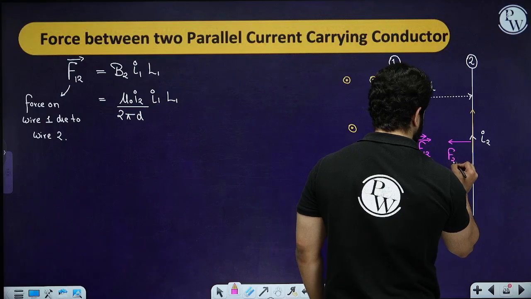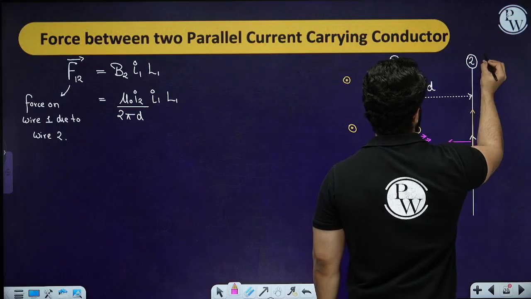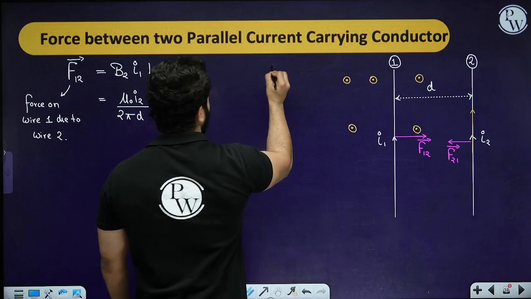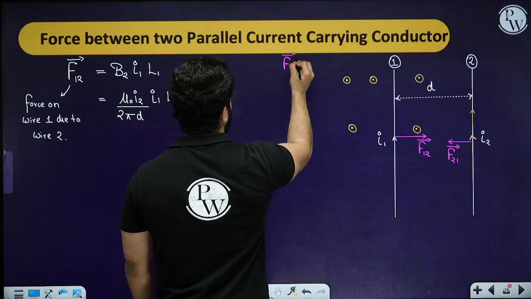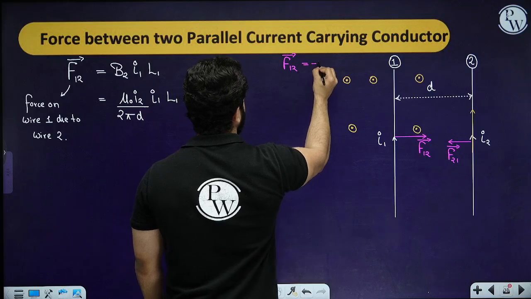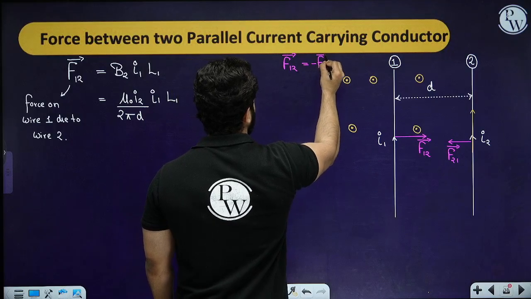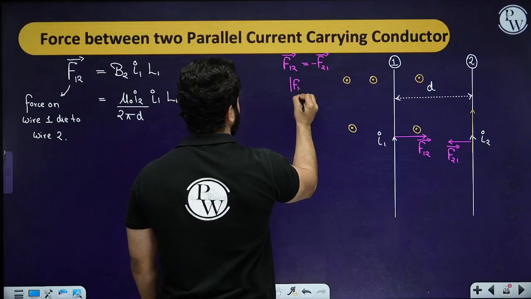Let's suppose that is F21, and because they form a pair, they will also follow Newton's third law. That means the force on 1 due to 2 will be the negative of the force on 2 due to 1. That means their magnitude will be the same.